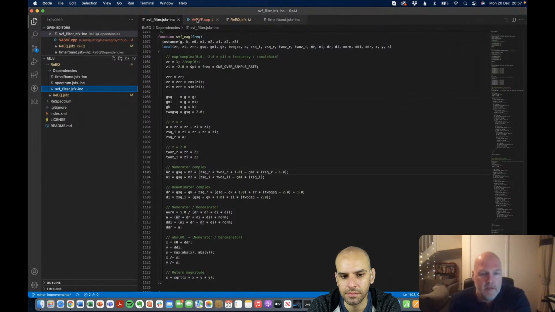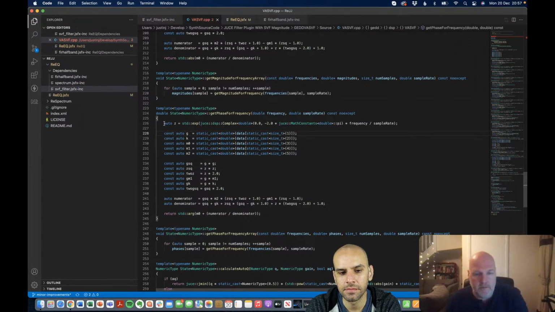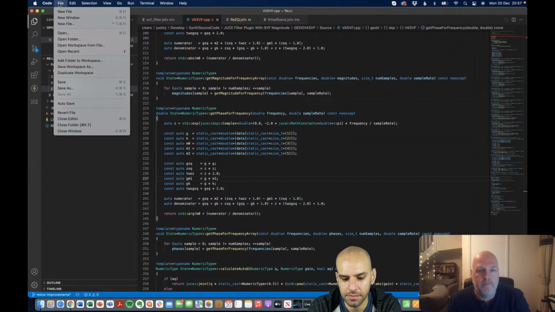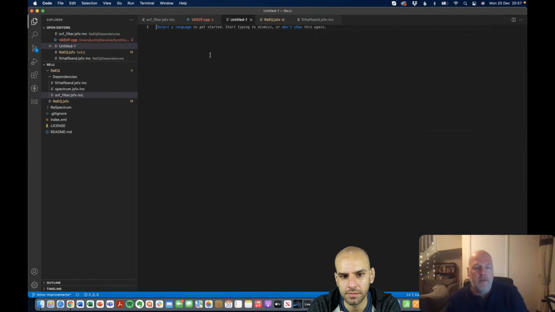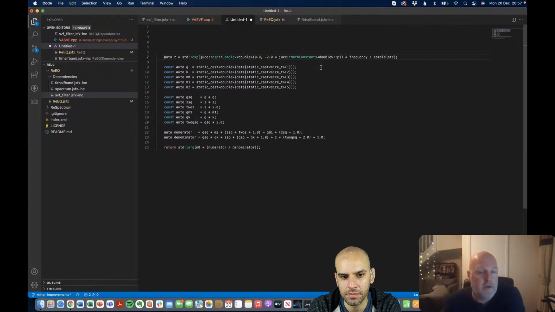So if I bring this over, where I got the derivation from, which is a lot easier to read, was this bit of C++, which handily uses JUCE's complex type, and it's using operator overloading to make everything more readable.